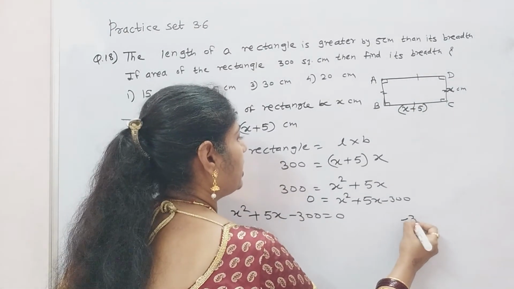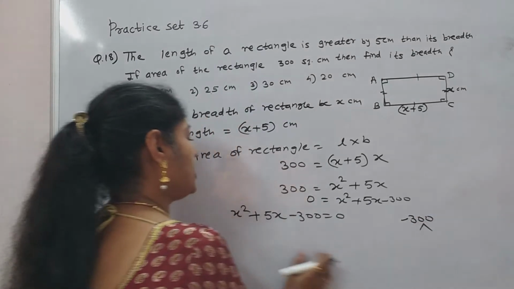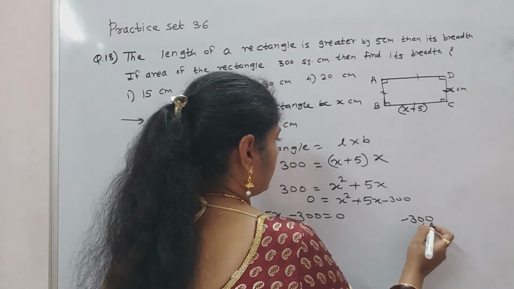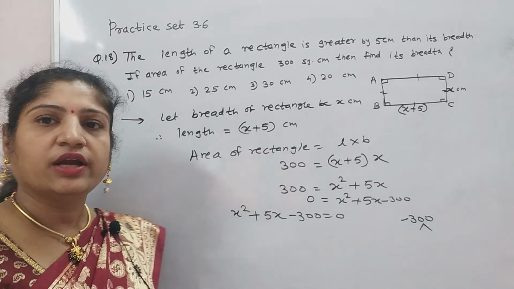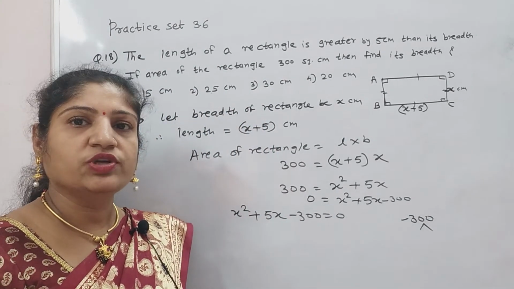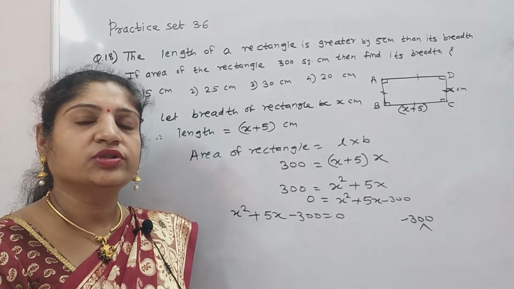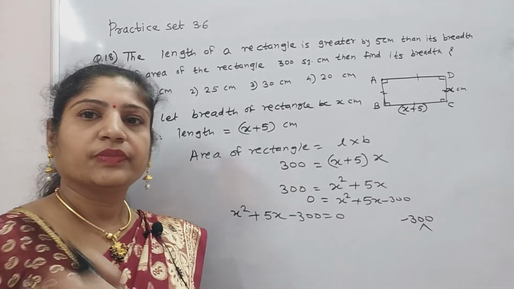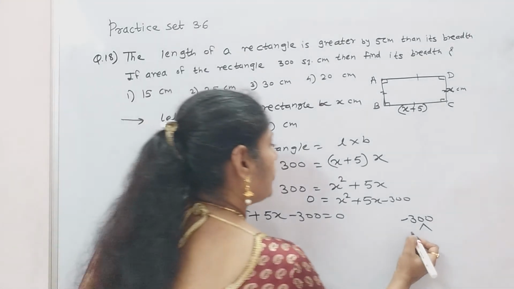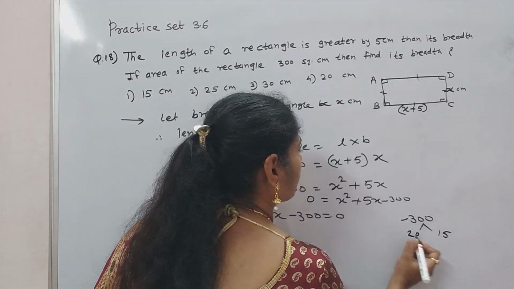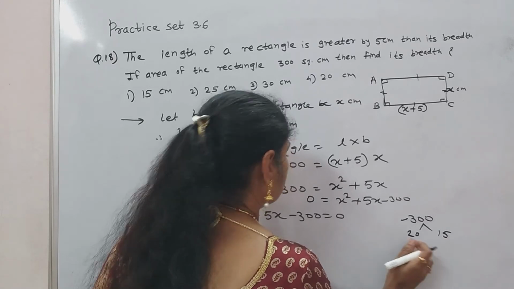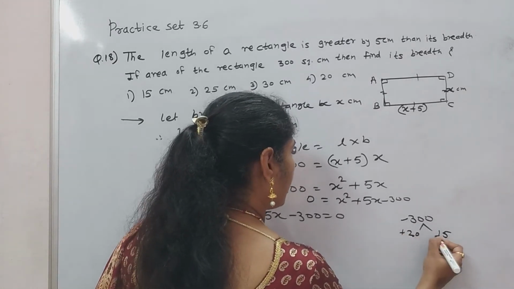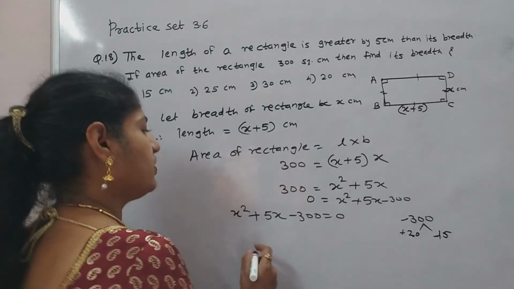Multiplication is negative 300 and sum is 5. Find the two factors whose product is negative 300 and whose sum is plus 5. That is 20 into 15, 300, and the difference plus 20 minus 15 is plus 5.